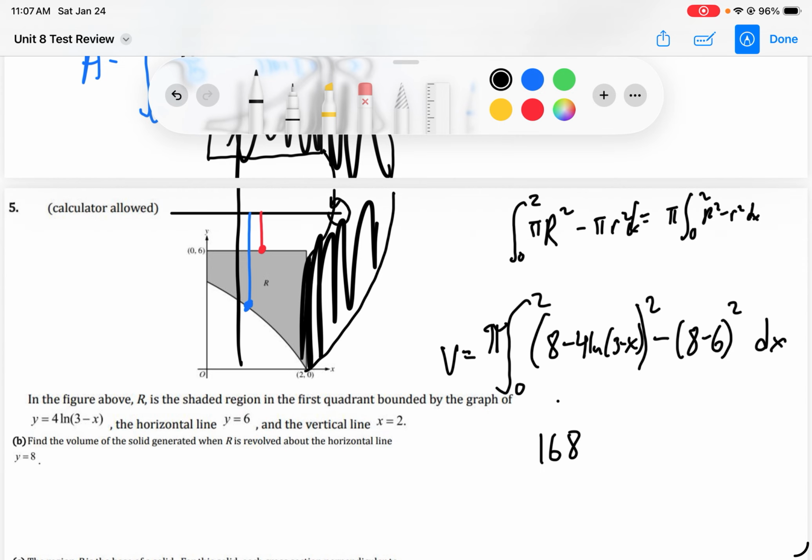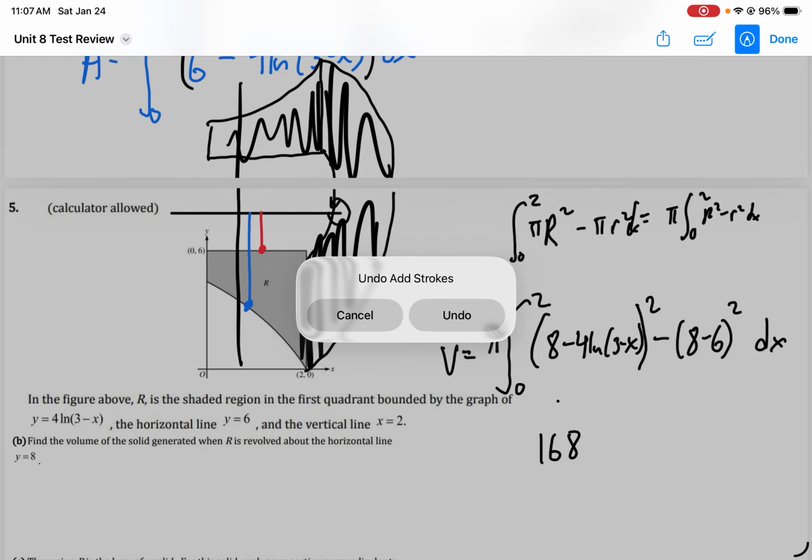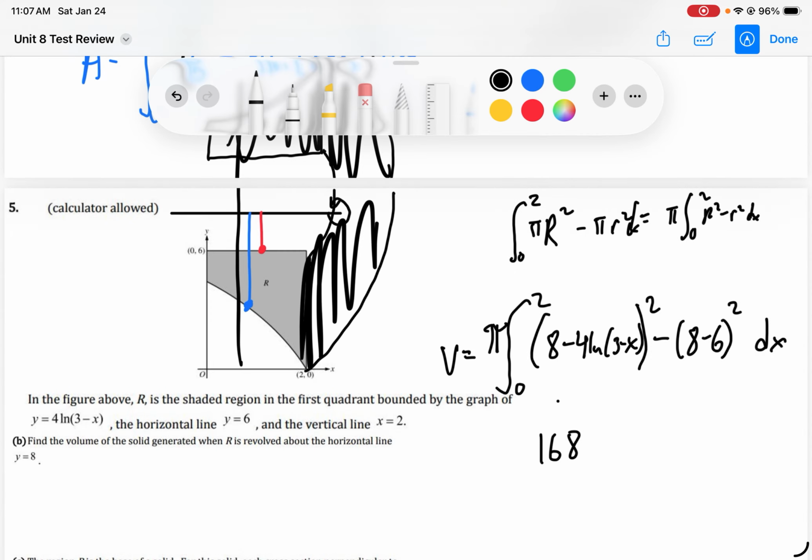I didn't round right on this. I'm going to do it again. So I'm going to type in pi. There's a pi button on Desmos. So pi, int for integral, 0 to 2. It's big R squared, so in parentheses, 8 minus 4 natural log.